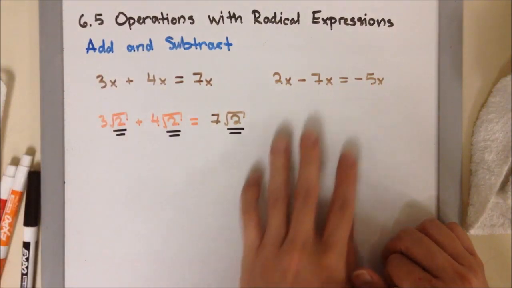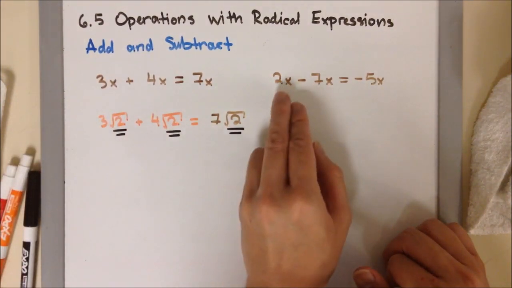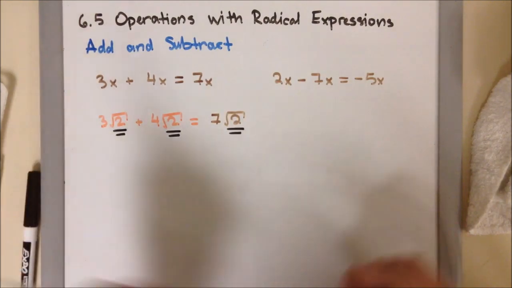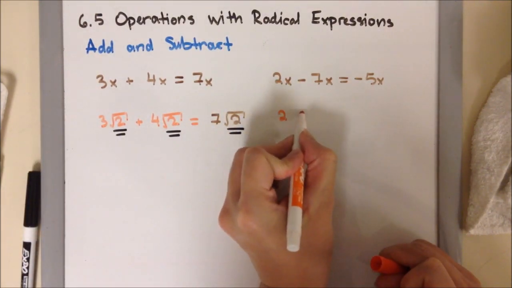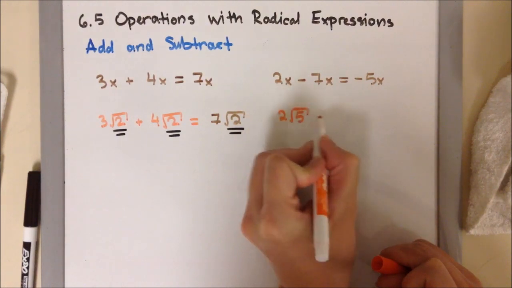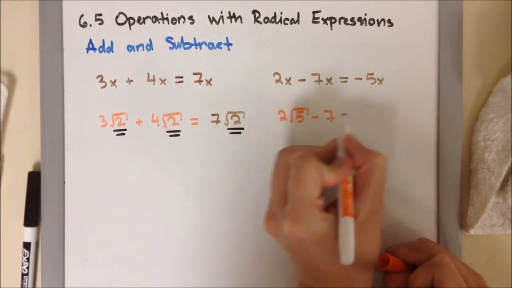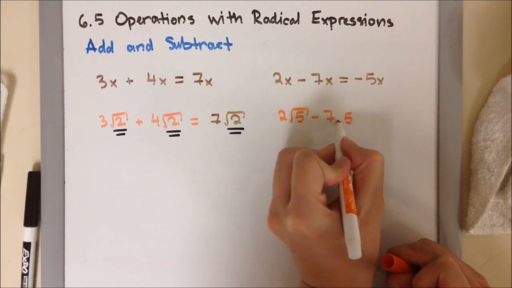So over here, say that instead of 2x minus 7x, I had 2 square root of 5 minus 7 square root of 5.